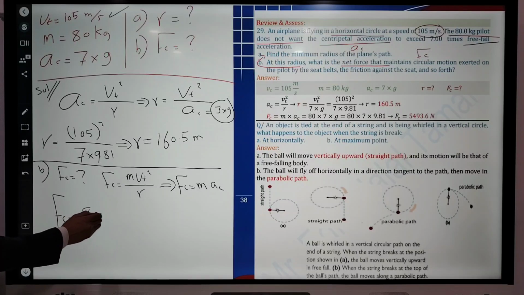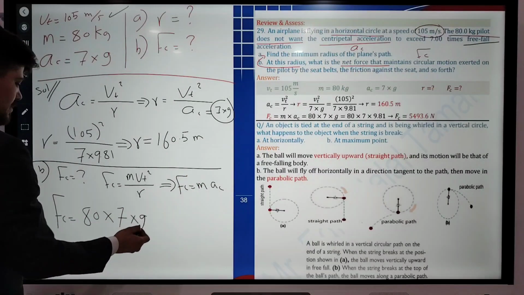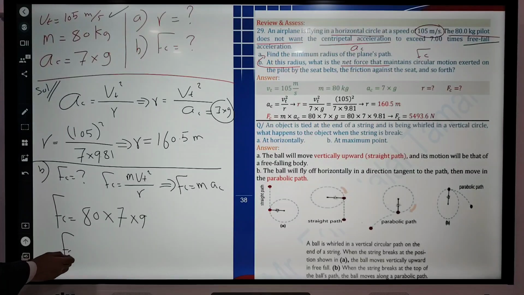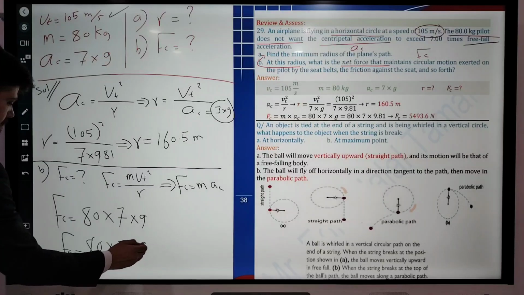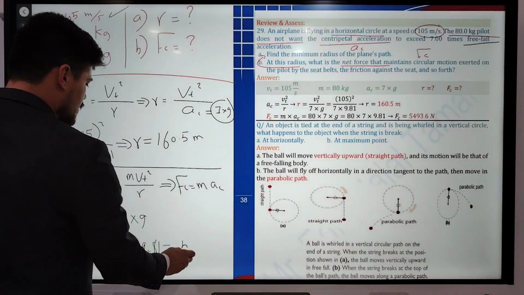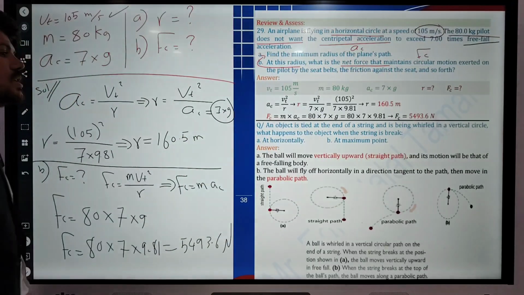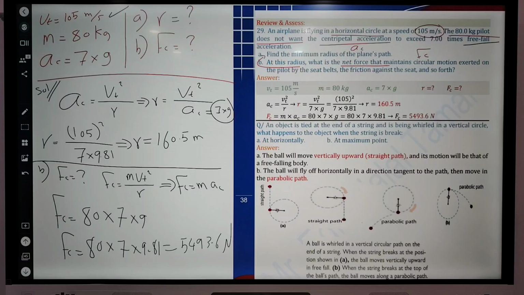Yes, 80. Do we have AC? Yes, 7 times gravity. Fc is equal to 80 times 7 times 9.81, and it is equal to 5,493.6 Newton. This is the centripetal force that maintains the plane in a circular path.